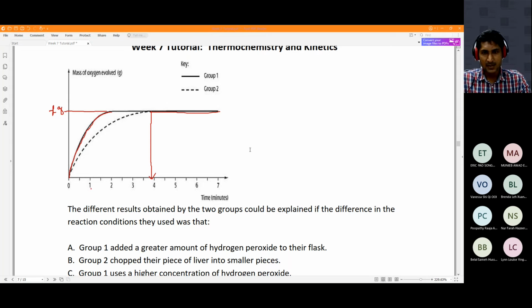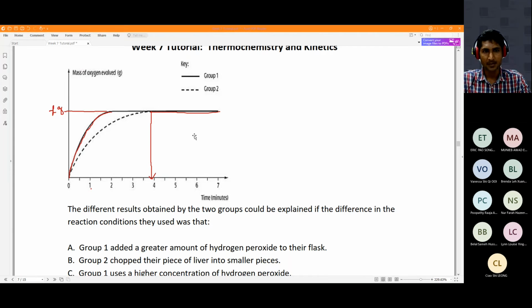And that's why A is not correct, because everybody is using the same amount of hydrogen peroxide, only the concentration is different. So group 1 is using the higher concentration, group 2 is using the lower concentration.